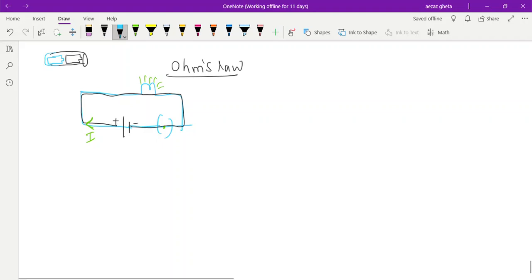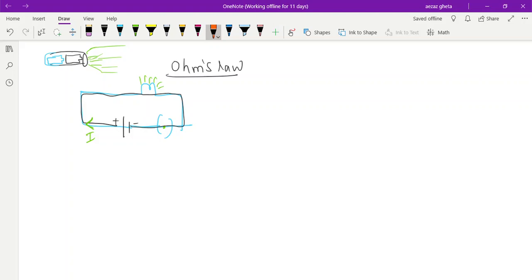In this torch, two cells are there. Correct. So this torch I am using regularly. After a few days, I see that the brightness has decreased. And if I ask you why the brightness decreased, then you will say that, sir, the cell got weaker. So what exactly is the meaning of the cell got weaker?